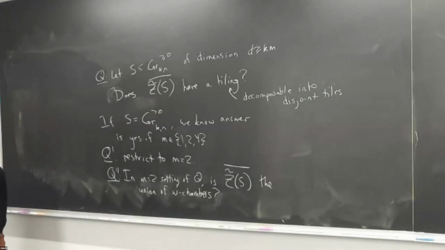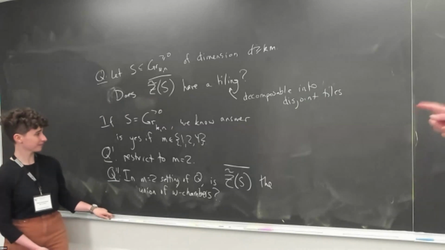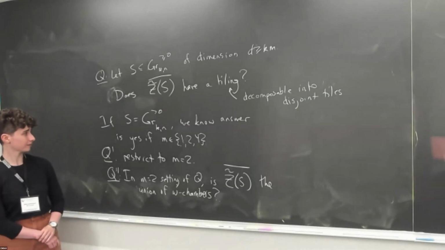I wanted to add that for m equals 2, for dimension greater than 2k, our magic number will also imply that if there is a tiling, the size of a tiling, or every tiling, is constant. Right.